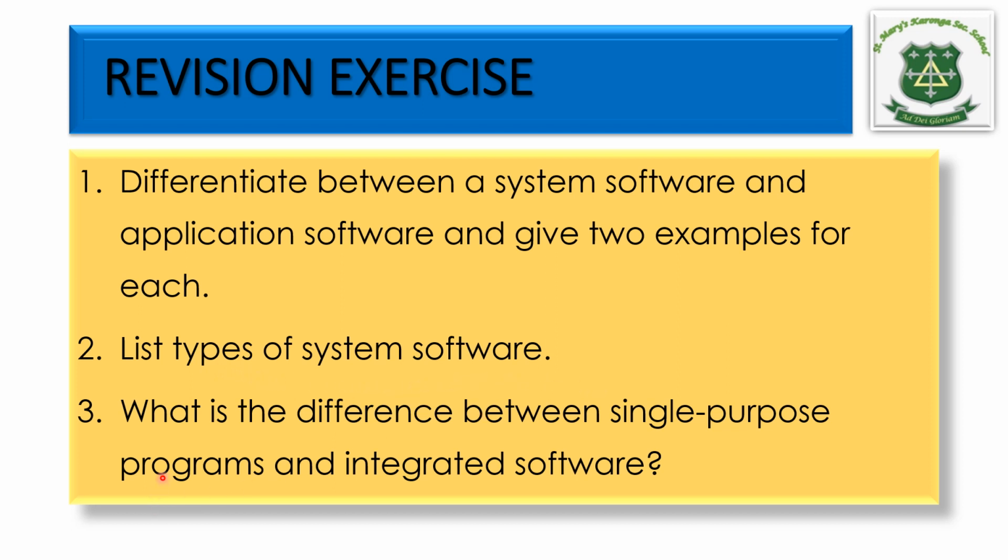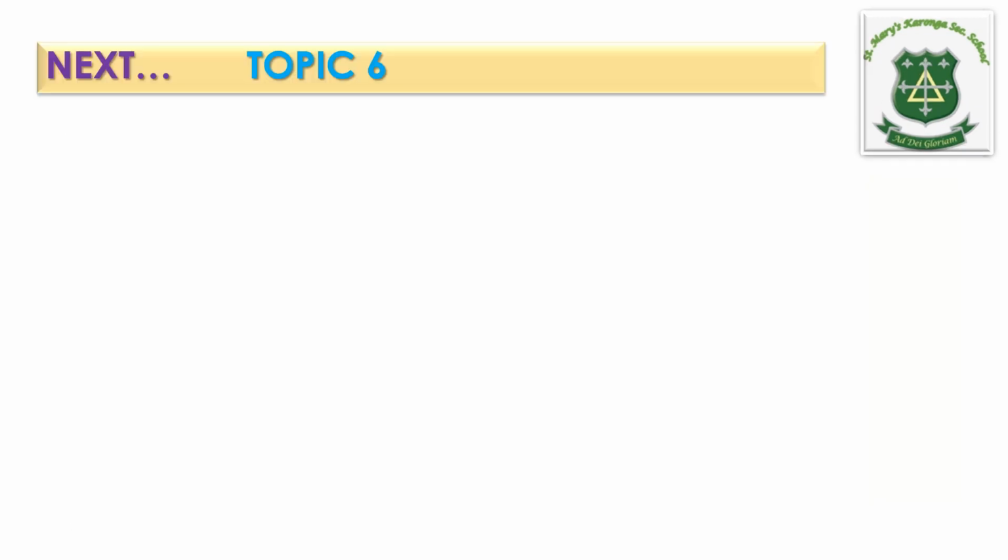And number three, what is the difference between single purpose programs and integrated software? So these are the questions just to remind you what we have covered. Of course, we have covered so many things in this lesson. So go through and remind yourself of everything here.